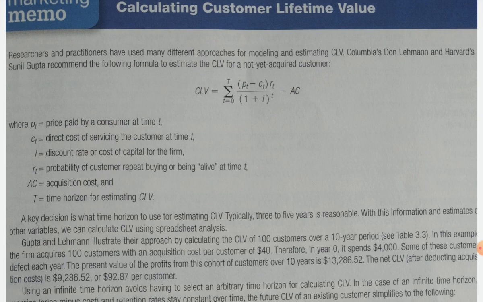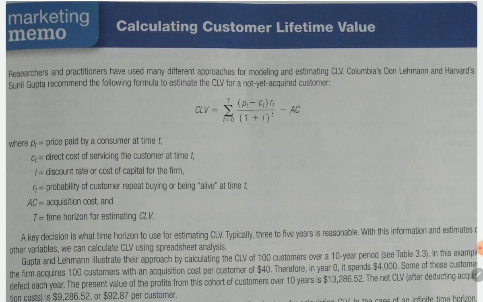But the toughest or the most tricky thing is the estimation of RT over here, the probability of customer repeat buying or being alive at time T. This is the parameter on which a lot of marketing thinking is applied, and probably this is one of the most interesting indicators, on which a lot of marketing focus resides and many theories revolve around.